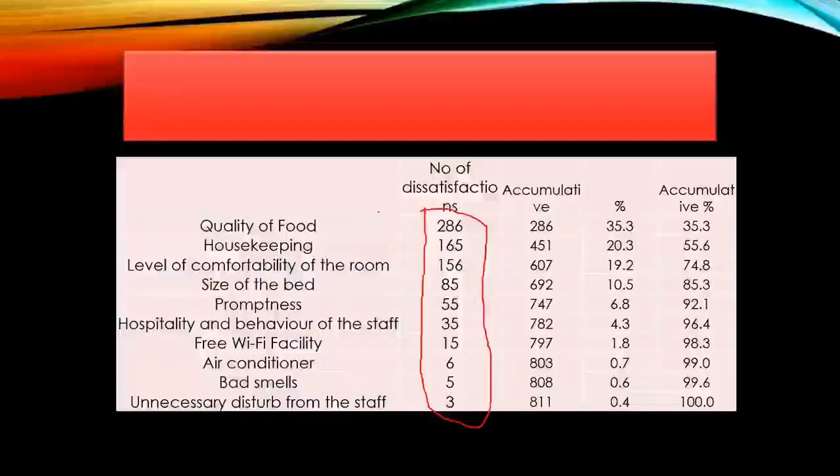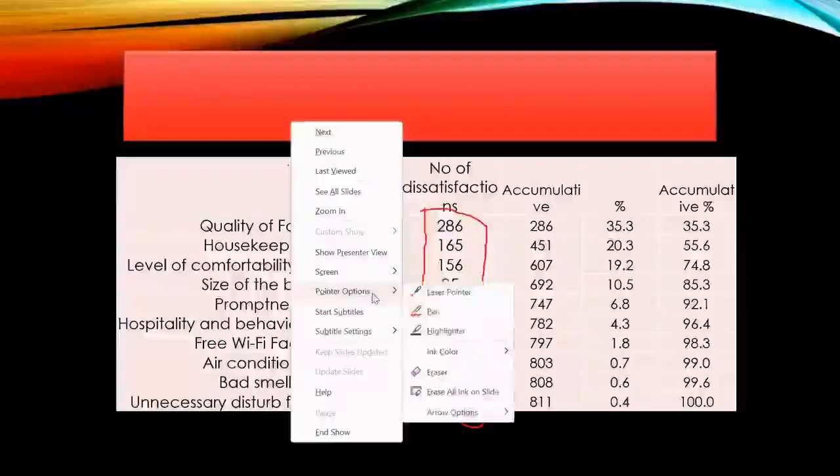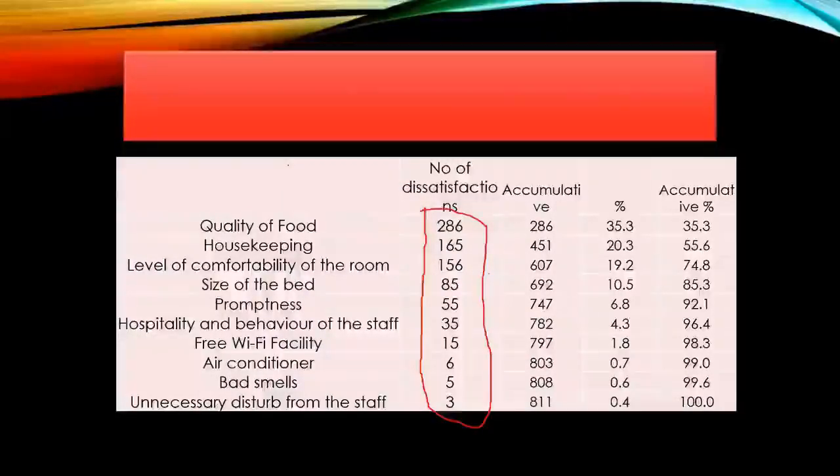Second, shall we go to the third column? Here you can see the cumulative figure up to that point. First one, cumulative figure 286, because it is up to that point.